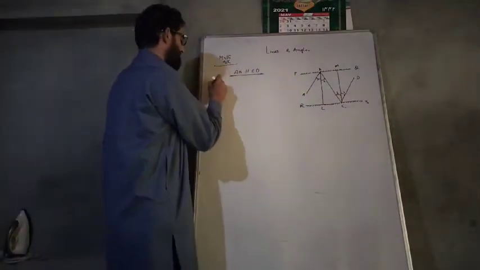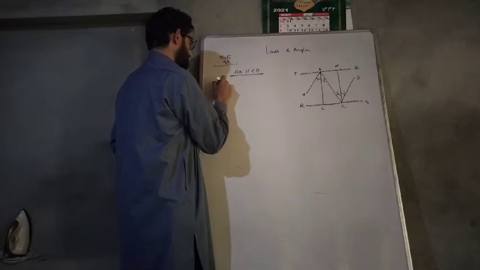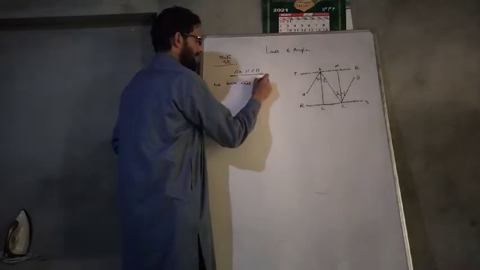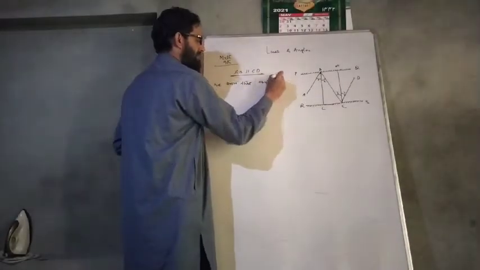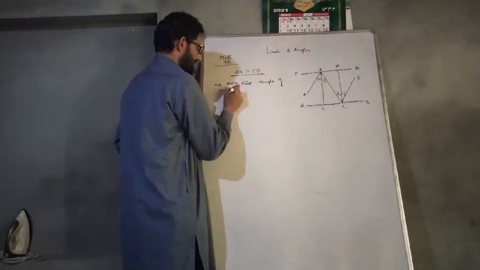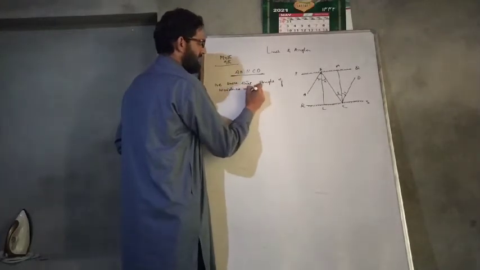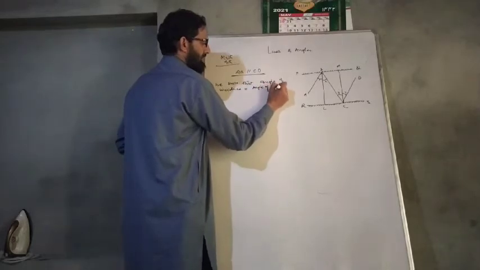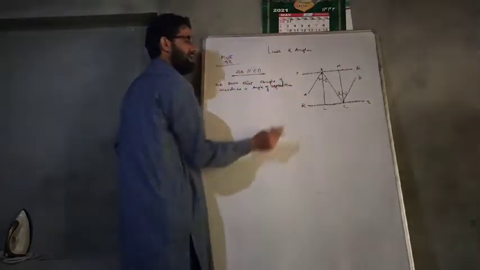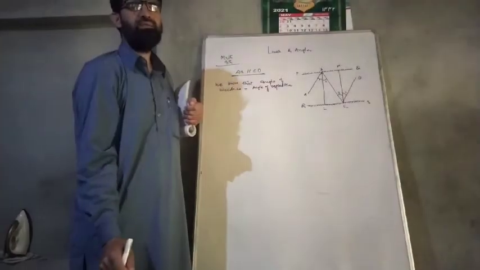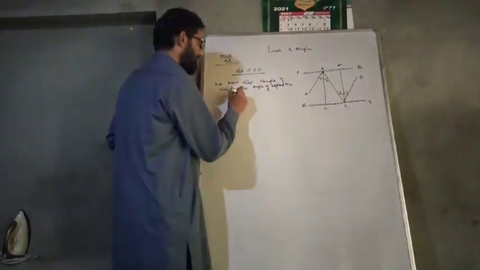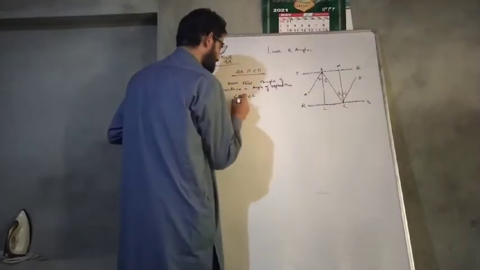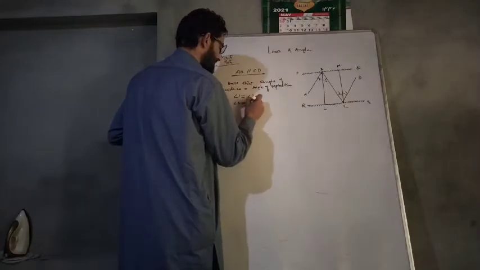Now we know that the angle of incidence is equal to the angle of reflection. By the law of reflection, the angle of incidence is equivalent to the angle of reflection. So angle 1 is equal to angle 2, and also angle 3 is equivalent to angle 4.